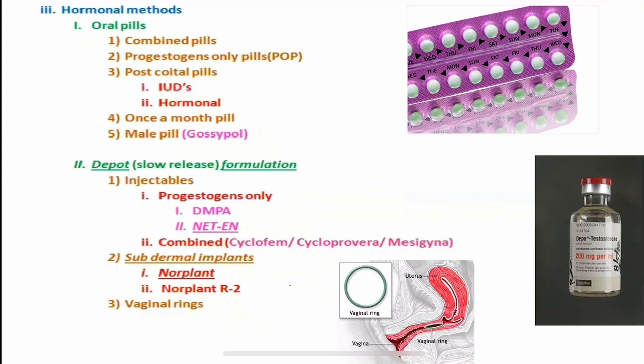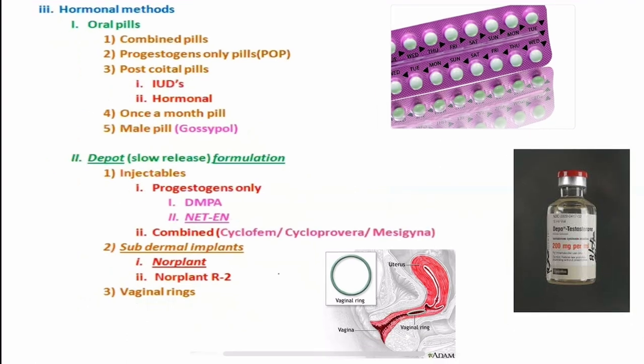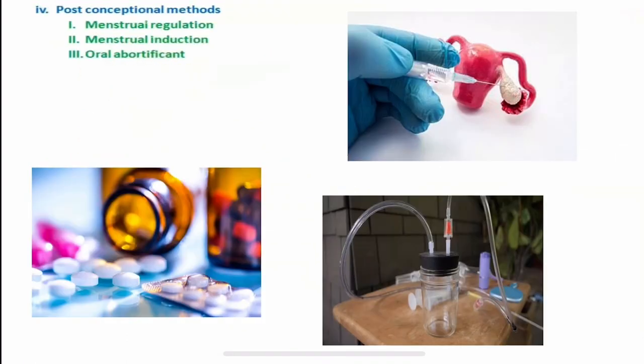After all of these, we move on to the next contraceptive method, that is the post-conceptional method. In the post-conceptional method, we have menstrual regulation, menstrual induction and oral abortifacients. In menstrual regulation and induction, we abort the baby. We aspirate the endometrial cavity within 14 days of the missed period in the woman.